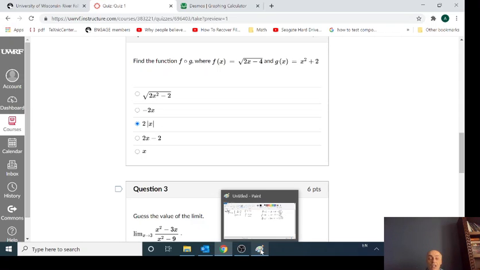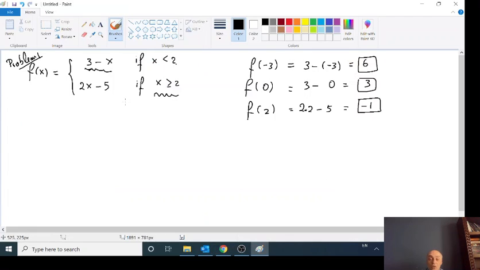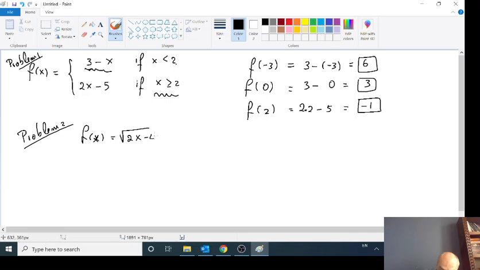So again, for problem 2, f of x is the square root of 2x minus 4. Apologize folks, this is kind of an ugly x. Alright, let's make it nice. So f of x is that.